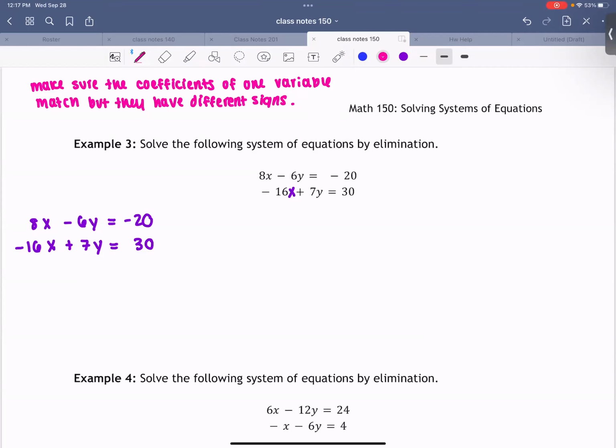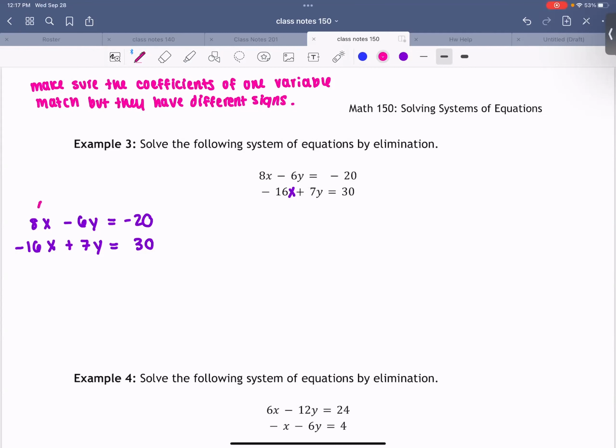Now I'm going to do this step this time, and then I'll let you try this on your own. I noticed that 8x and 16x can be transformed into each other by multiplying by 2, right? I can multiply 8x by something to get negative 16, okay?